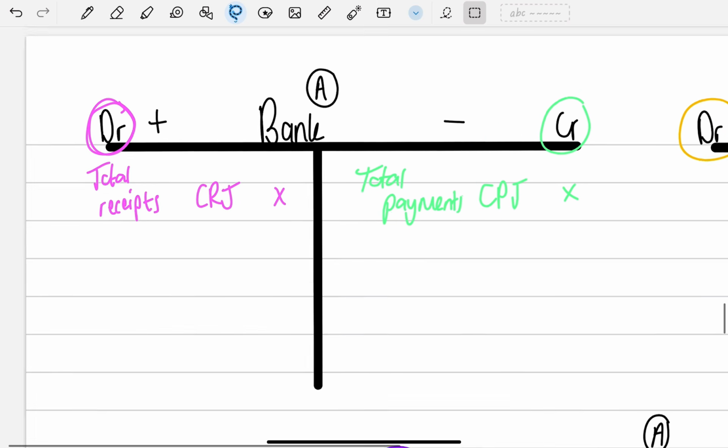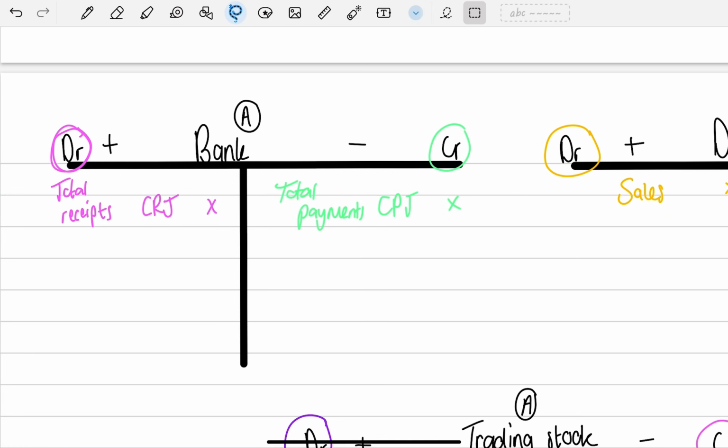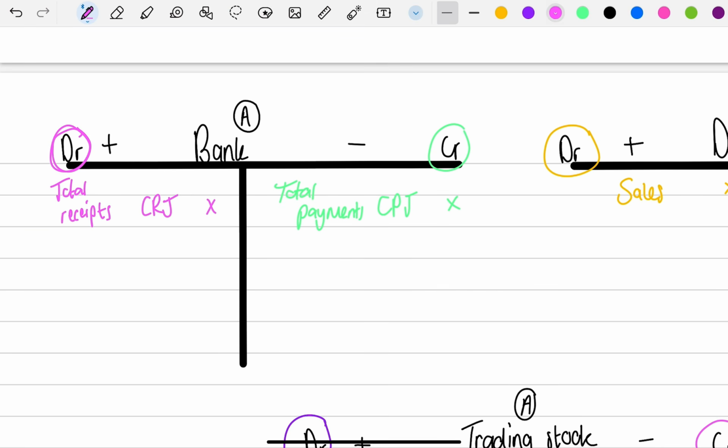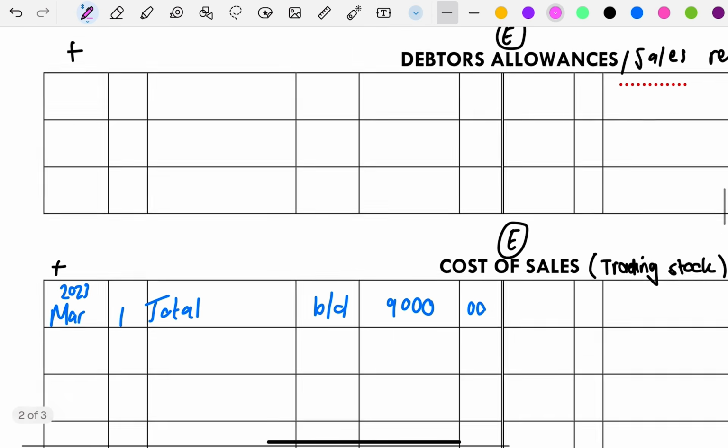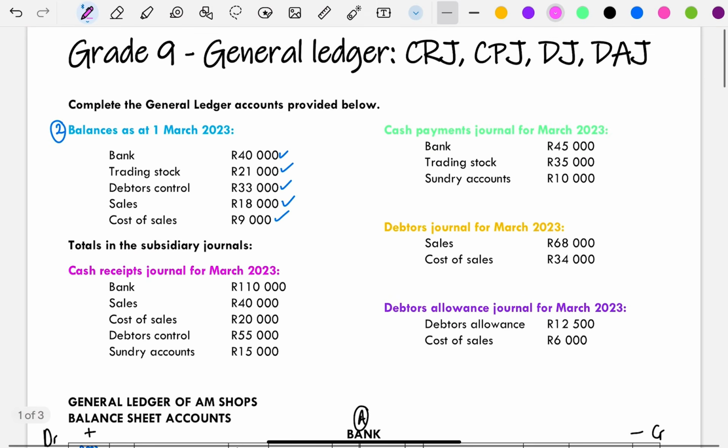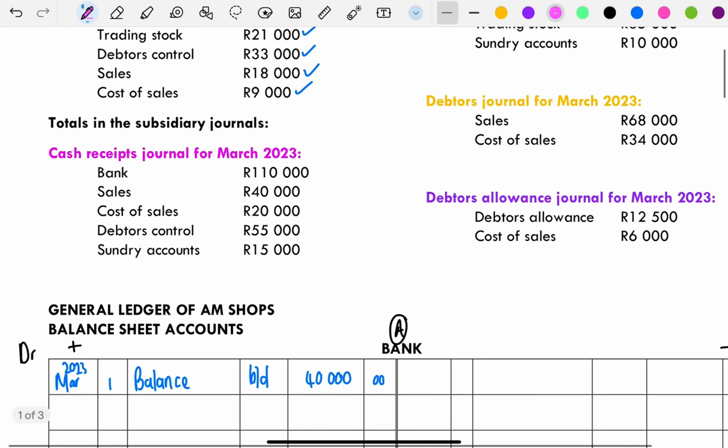And you can see I'm consistent because bank is an asset and it always increases on the debit side. So for the CRJ, we know bank is always going to be debited when we are working with a cash receipts journal. So that's the first journal we've got here.